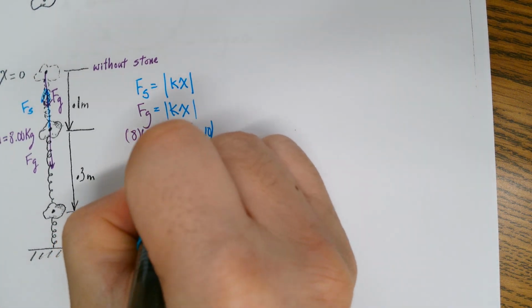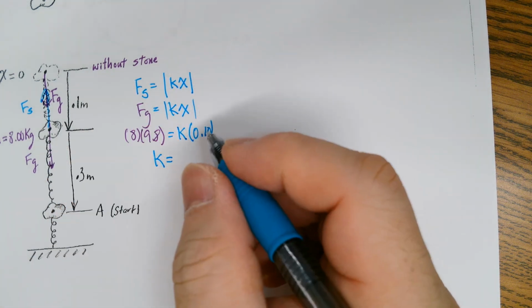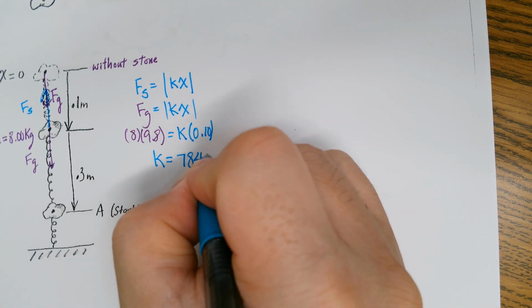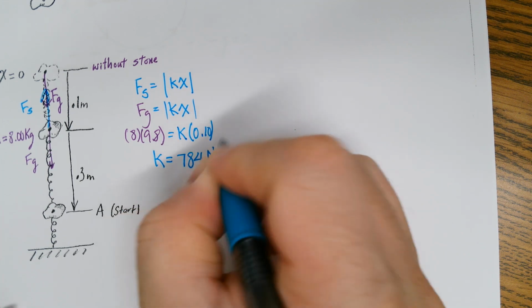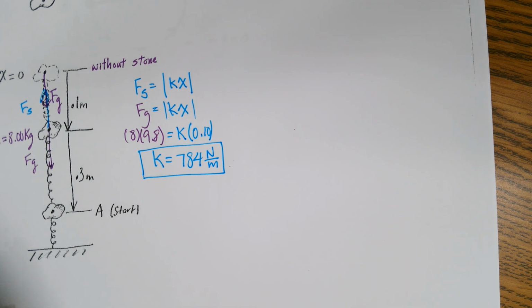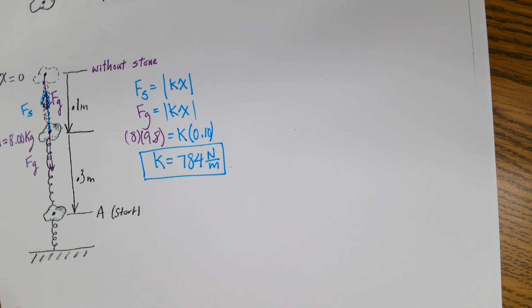So my k value for this spring comes out to 784 newtons per meter. That's the k value for the spring. All right. So that's part A.